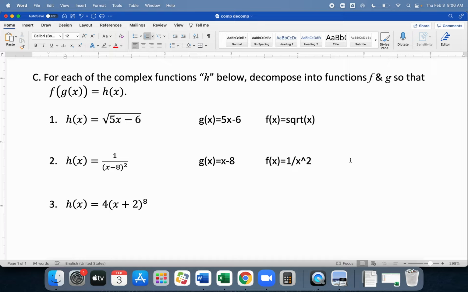Did anybody else split this up a different way? Just like the last one, I could have had this minus 6 over here, or I could have had it under the square root symbol with the x. If I wanted to, I could have had the squared take place over here, and then not over there: x minus 8 squared, and then do the reciprocal.